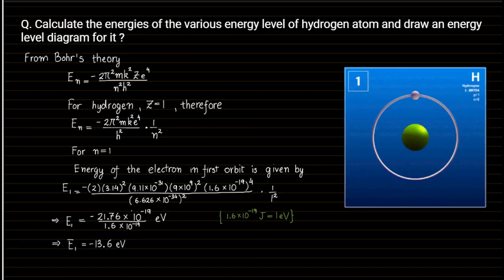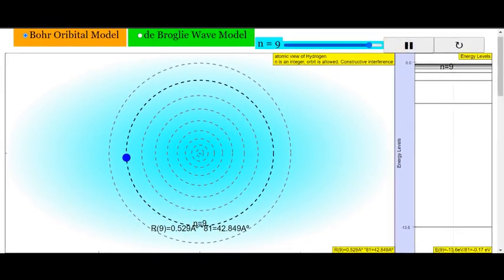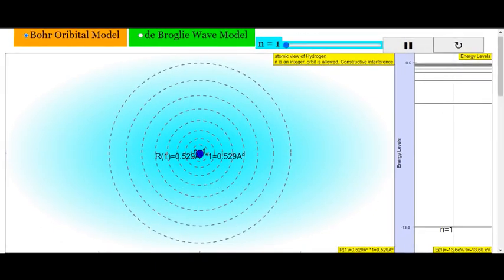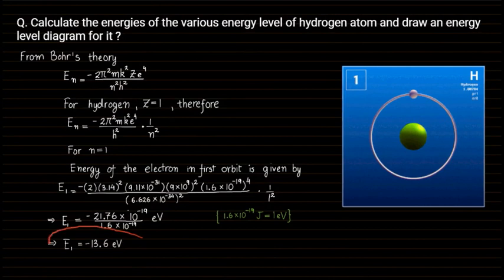Now after discussing the various types of spectral series, what we have discussed is how much the energy of the electron will be, which revolves in a specific orbit. So if you look here again, we have derived that if the electron is in the first orbit, n equals 1, the energy it will have is minus 13.6 electron volt.